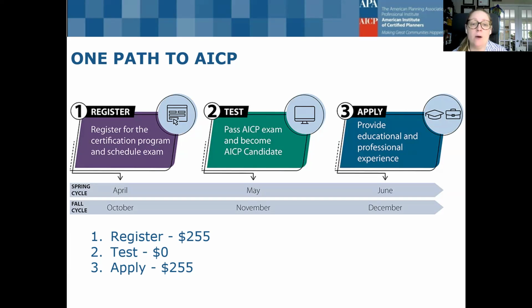But this is the route that APA has established. It's going to cost about $255 to register. You test and it doesn't cost you anything. And then when you apply, the last step, it's another $255. So that is what you are going to be responsible for monetarily.